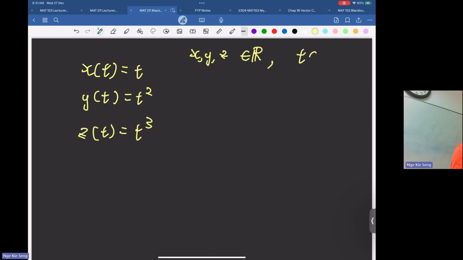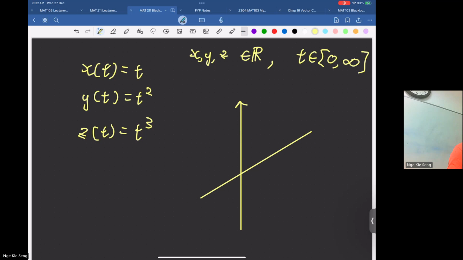Let me fix T in some domain. What's this object? A curve, a space curve.